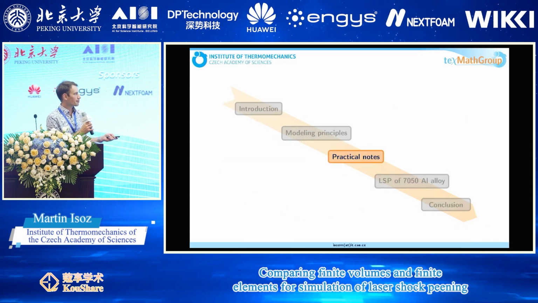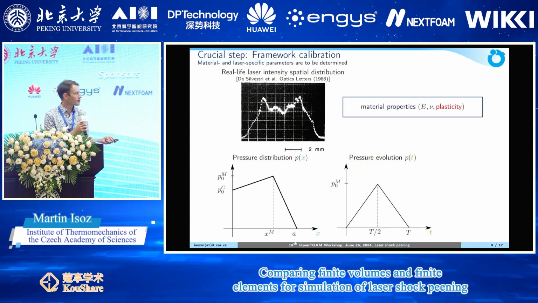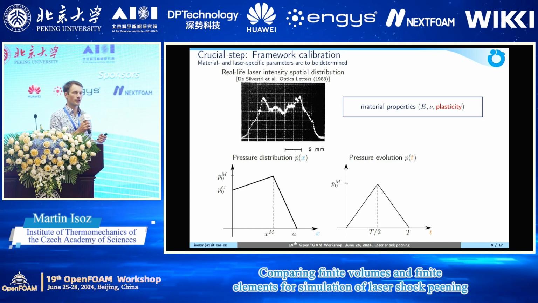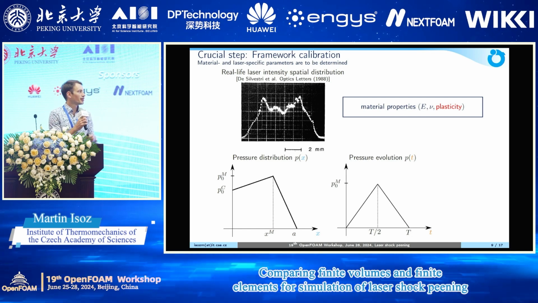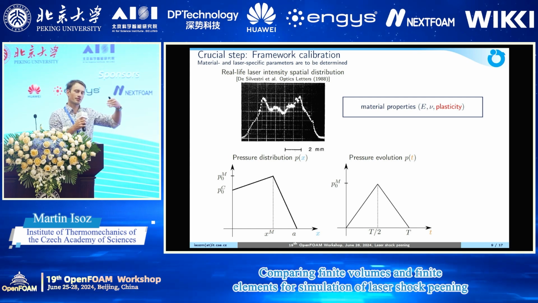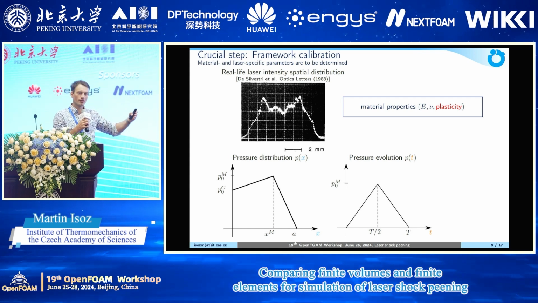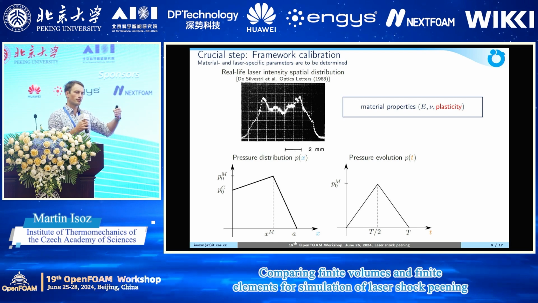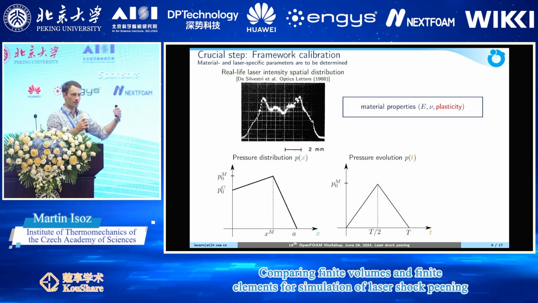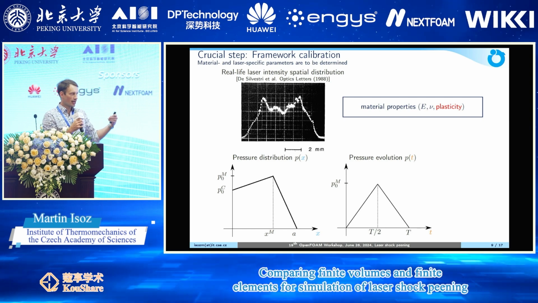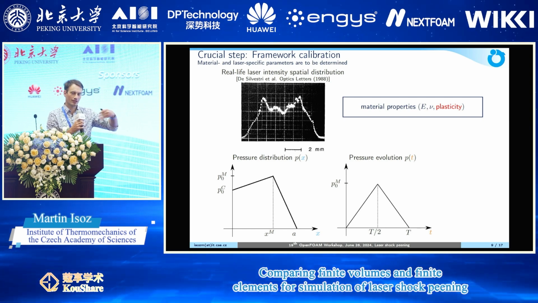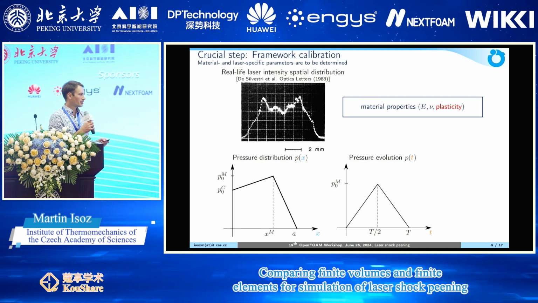Some practical notes on using these codes. The problem here is the boundary condition, because we have laser or plasma generation. For a completely physical model, we would need a model for plasma generation and for transfer of energy from plasma to the material, where we should not have pressure but really illumination of the material.